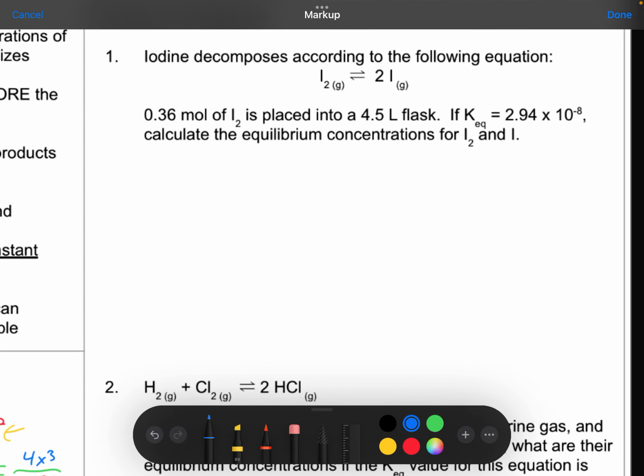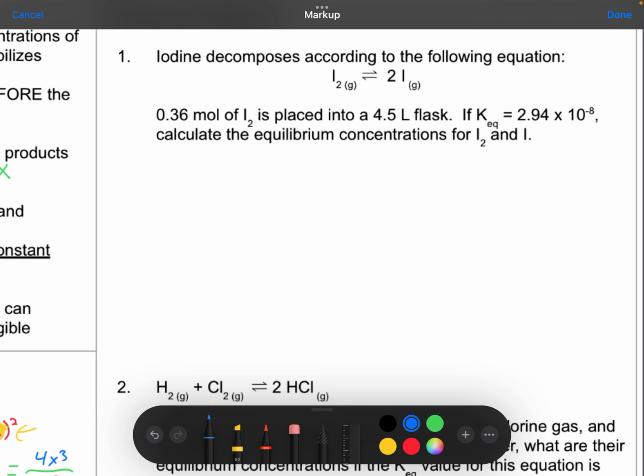Over here, we have iodine decomposes according to the following equation. We see that I2 is decomposing into 2 singular iodine atoms or ions. And so I'm going to circle my products with my blue. I'm going to circle my reactants with my red just to start out. I don't have a pre-made ice table, so you are going to absolutely draw one in.